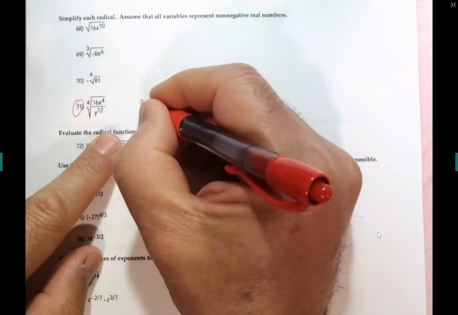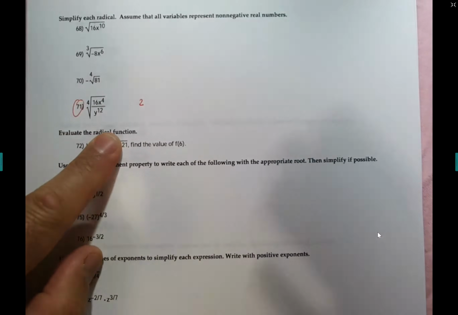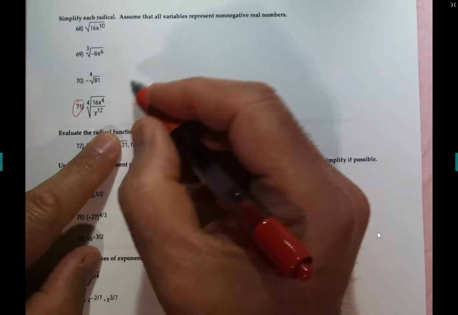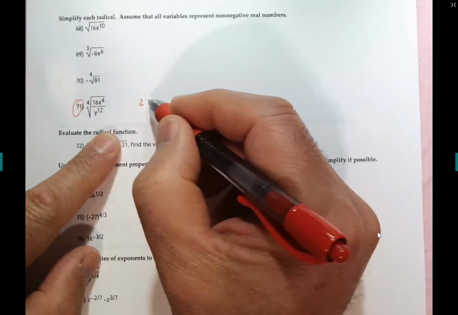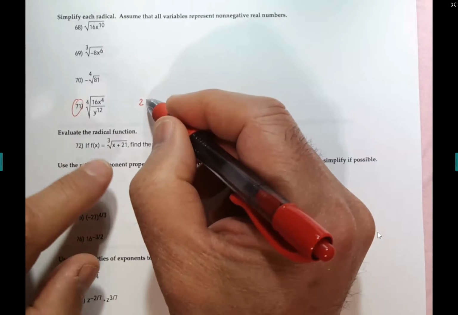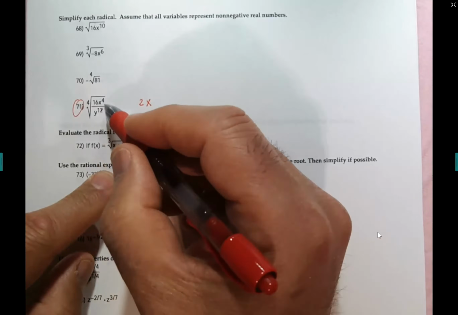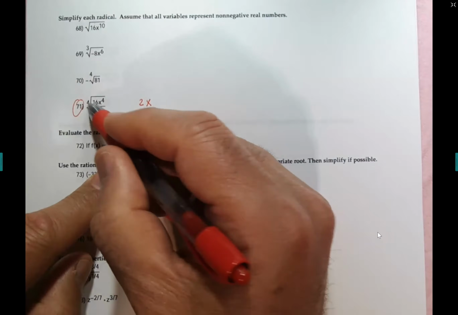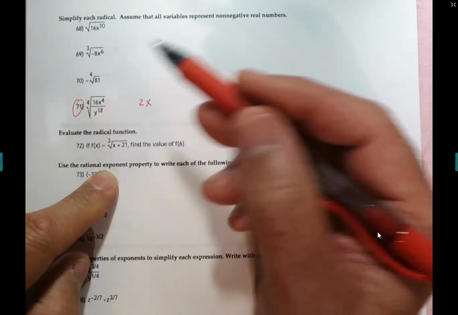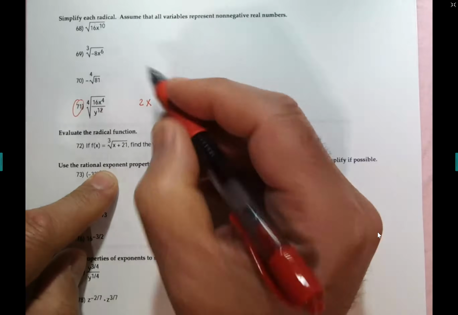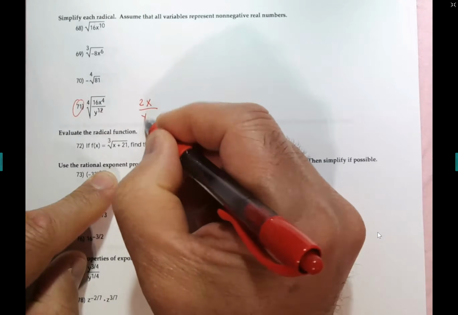The fourth root of 16, guys, you agree it's a 2. Because 2 times 2 times 2 times 2 will give you 16. X to the fourth, it's x. And y12, this is what I tell students to figure the fourth root of y12. Just divide 12 by 4. And if you divide 12 by 4, it will be 3. So that will be y to the third.